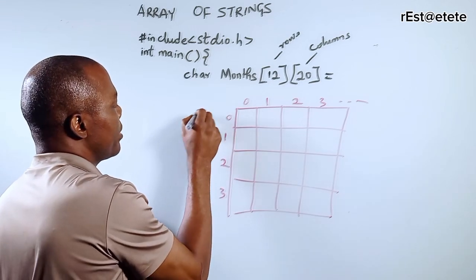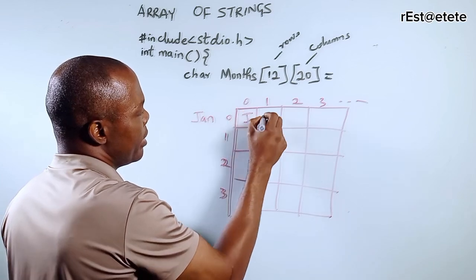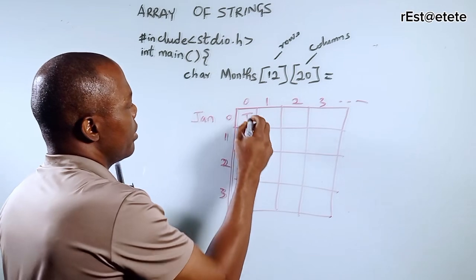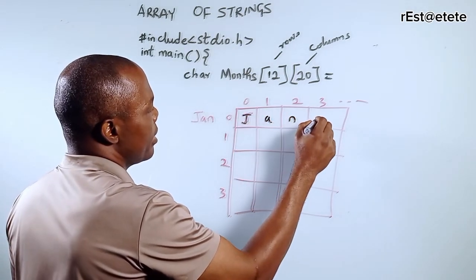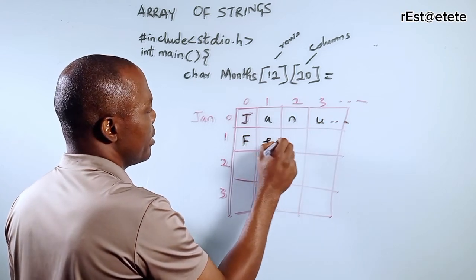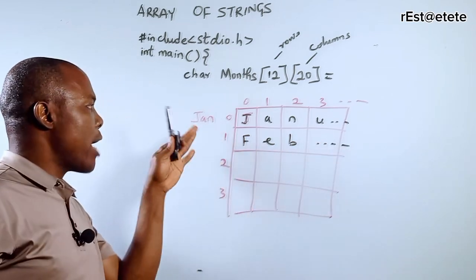Now, this is January, right? January. So you have J, A, N, U, like that. We have February, right? Like that. So this is how it is.